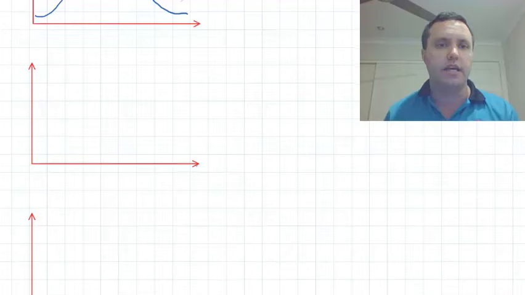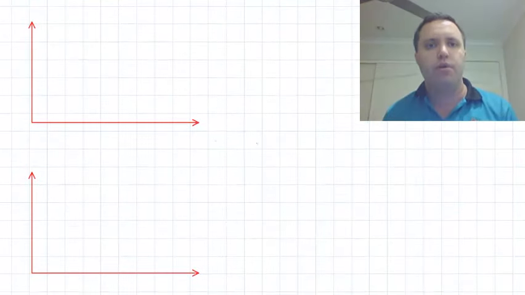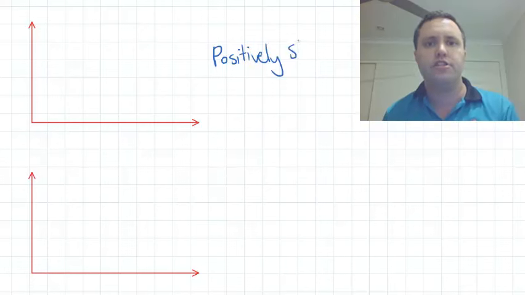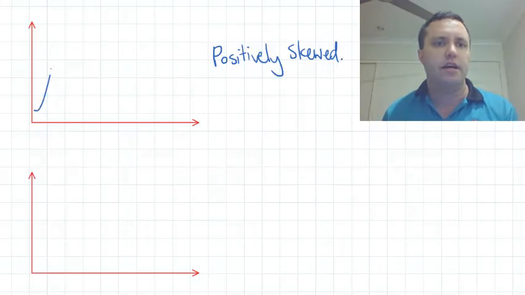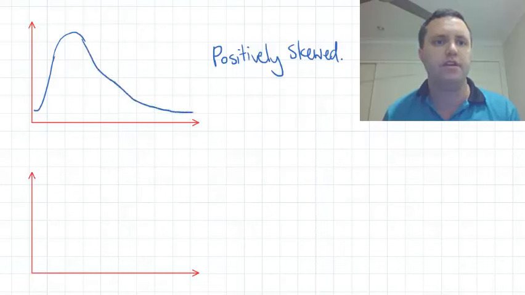Sometimes we can get something that's called a positive skew. Positively skewed is when our data is bulked up down low, but then there's a long tail going off here.